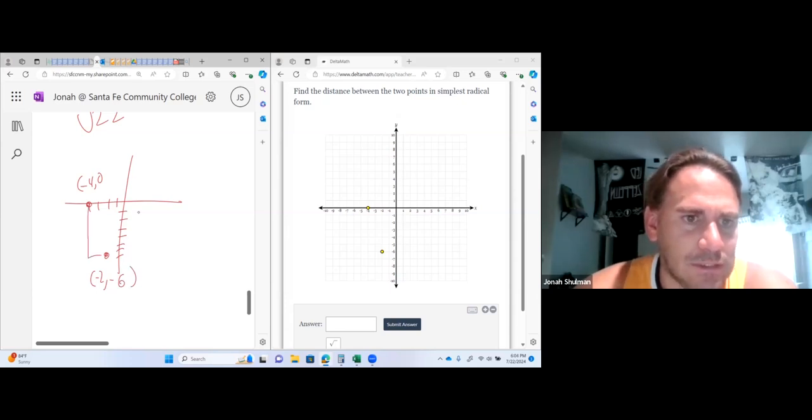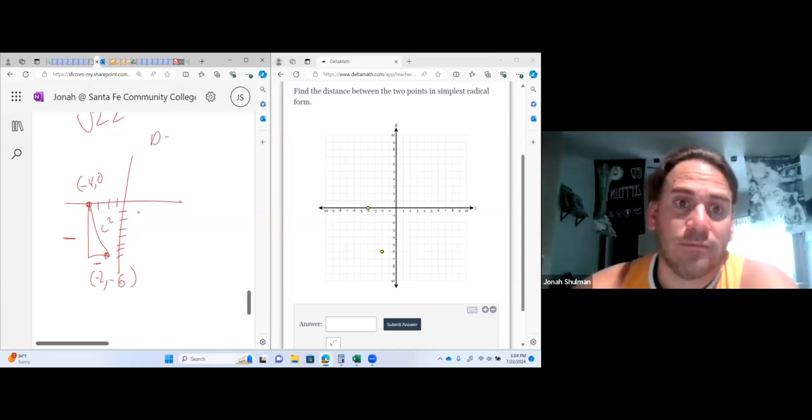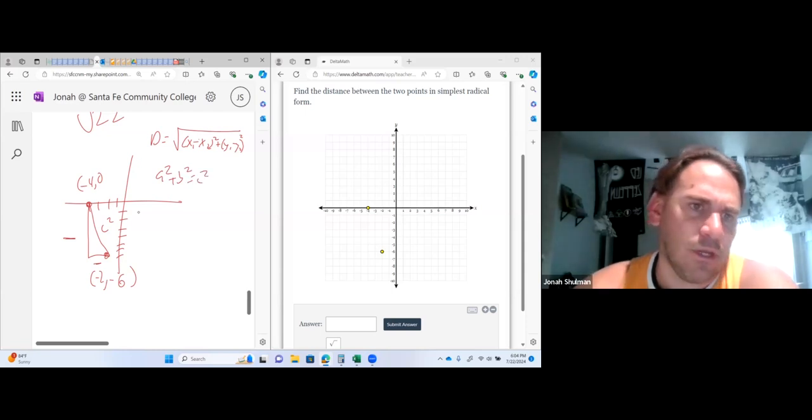All we need is this distance and this. We need this one and this one to get the c squared. You can do the distance formula. (x1 minus x2) squared plus (y1 minus y2) squared. You can do that, right? But if we just subtract it here, we can do a squared plus b squared equals c squared. And that's what we're going to do.